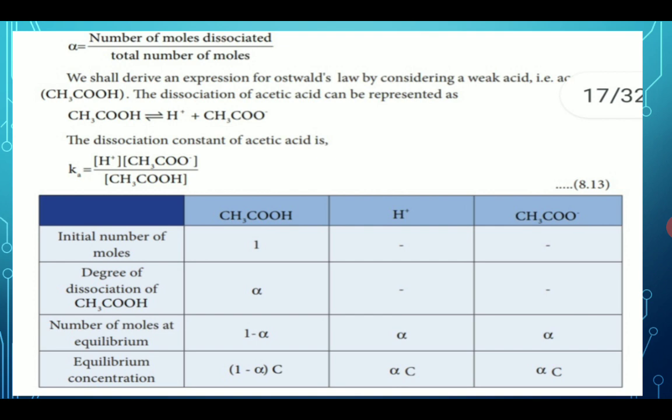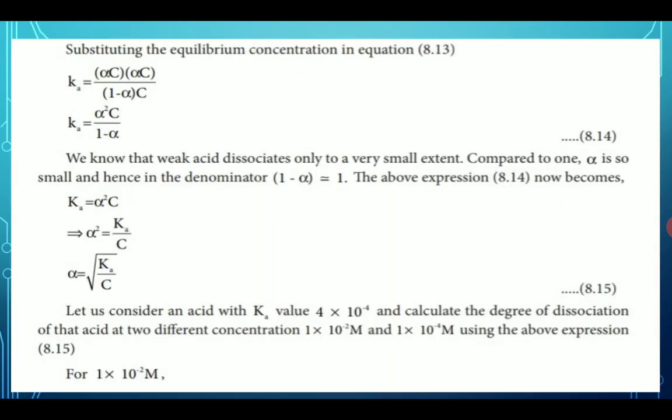So what will be the equilibrium concentration? The number of moles you have to multiply by C, the concentration. Therefore acetic acid becomes 1 minus alpha C, hydrogen ion concentration becomes alpha C, and acetate also becomes alpha C. Substituting these equilibrium concentrations in equation 8.13, we get Ka equal to alpha C into alpha C divided by 1 minus alpha C, so alpha square C by 1 minus alpha.